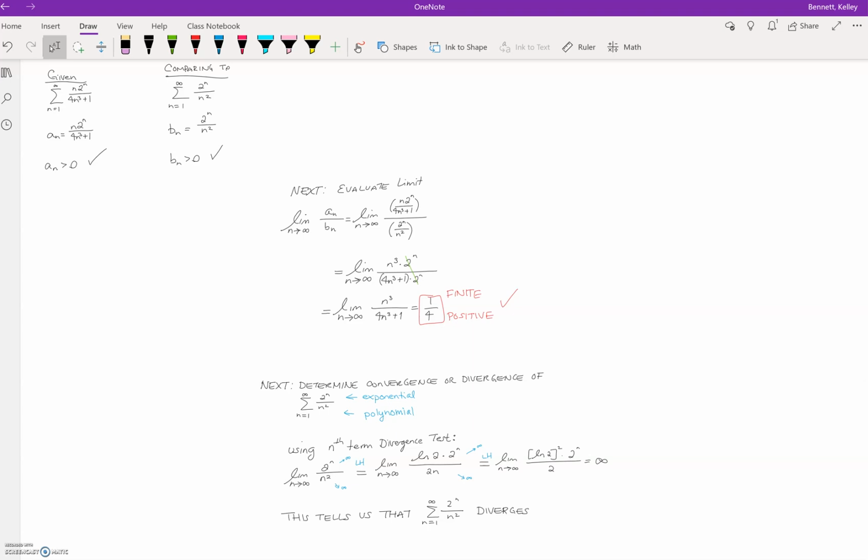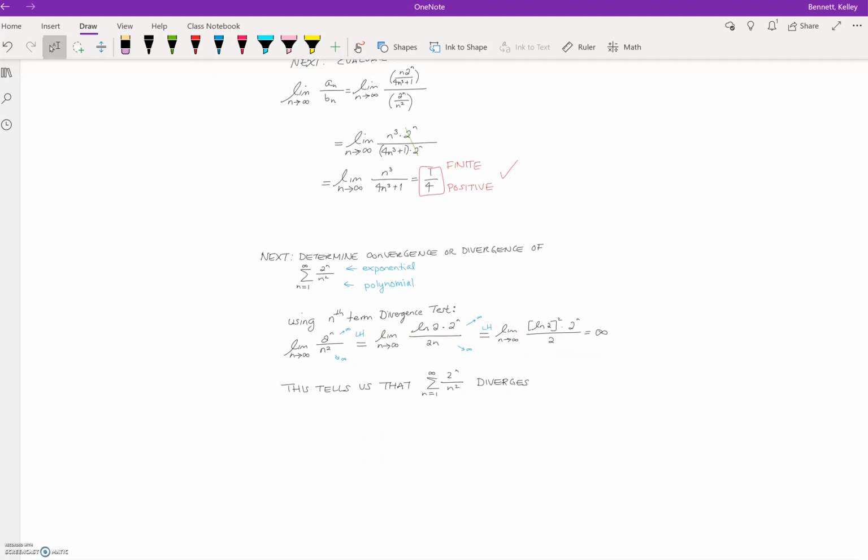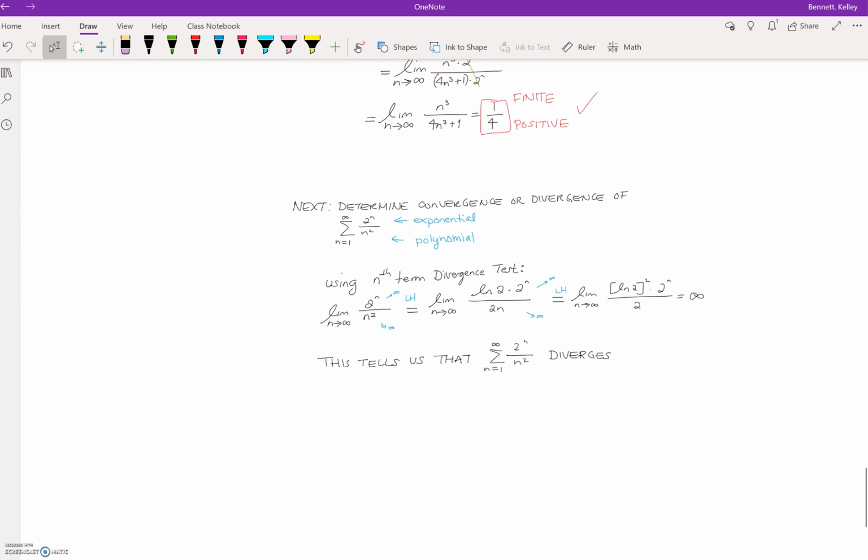We had to do a little bit of work to make a conclusion about whether 2 to the n over n squared as a series converges or diverges. We used the nth term divergence test to show that that series diverges. And now, by the limit comparison test, we know that our original series also diverges. So that's the punchline.